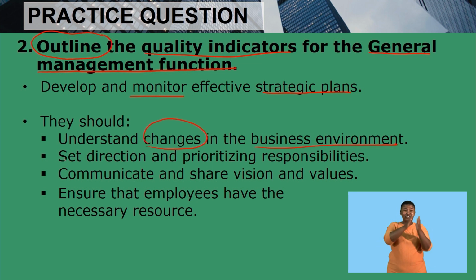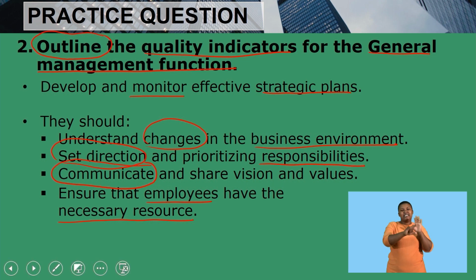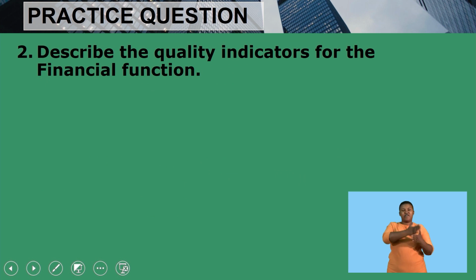They should also set the direction and prioritize the responsibilities for the business. They should always communicate with the employees. And of course, they should always ensure that employees have the necessary resources to do their job. So there we have discussed or outlined in this case the indicators for our general management function.